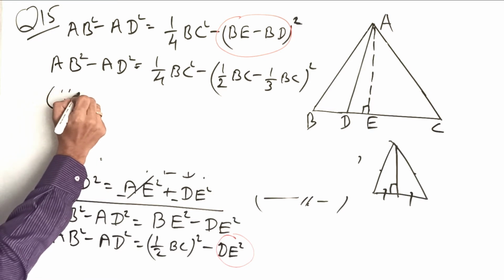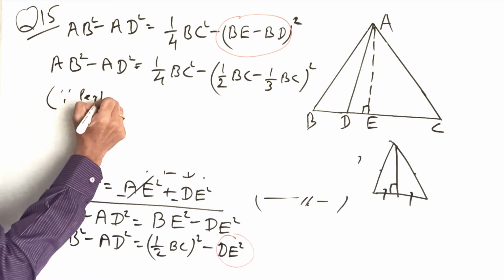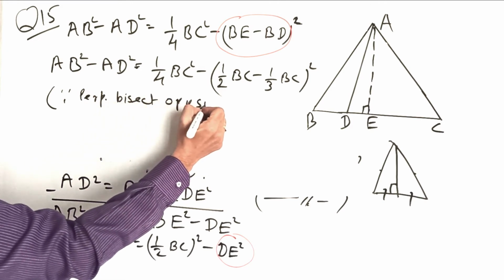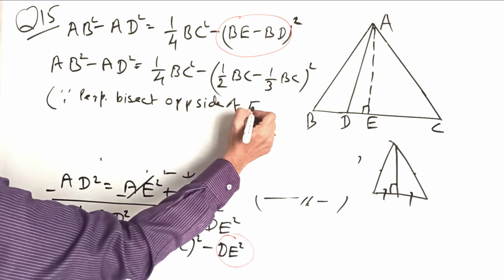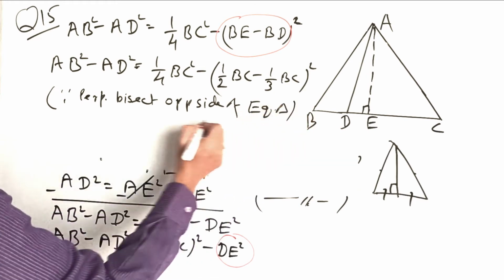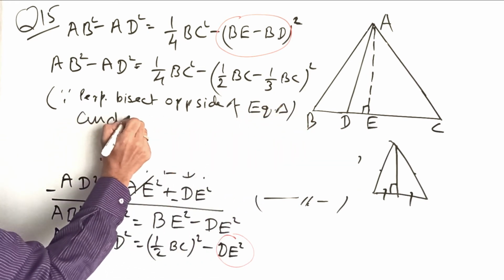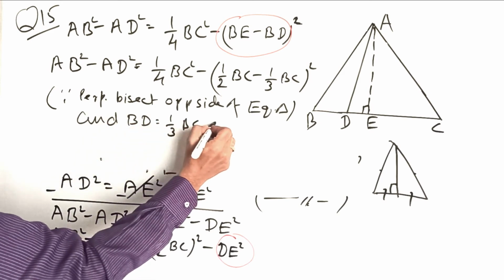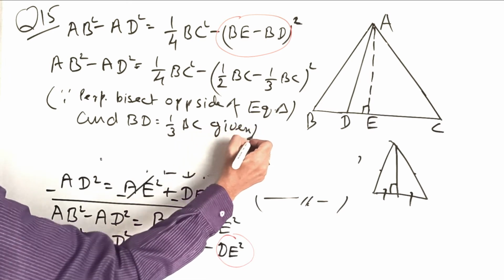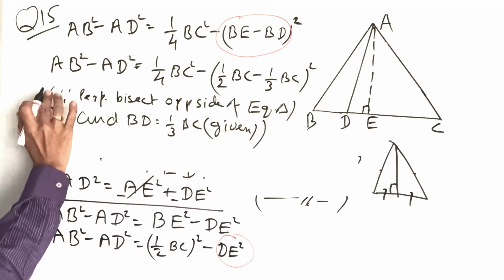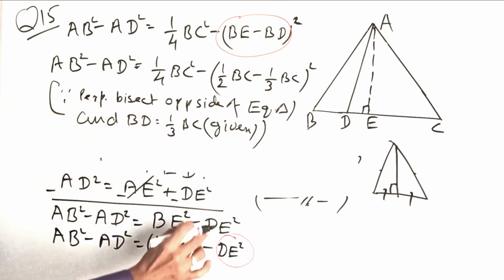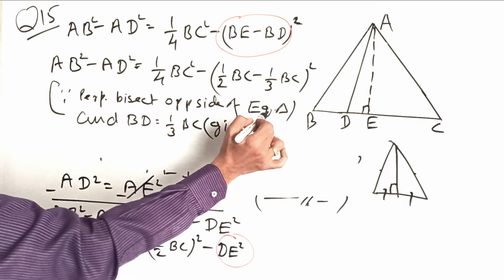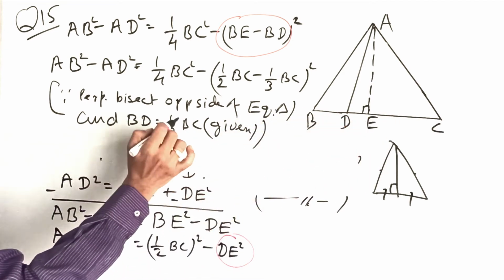We can write the reason: since perpendicular bisects the opposite side of equilateral triangle, and BD is equal to 1/3 of BC. This is given. Okay student, this reason is for this one: BE is half of BC as the perpendicular bisects the opposite side of equilateral triangle, and BD is 1/3 of BC.